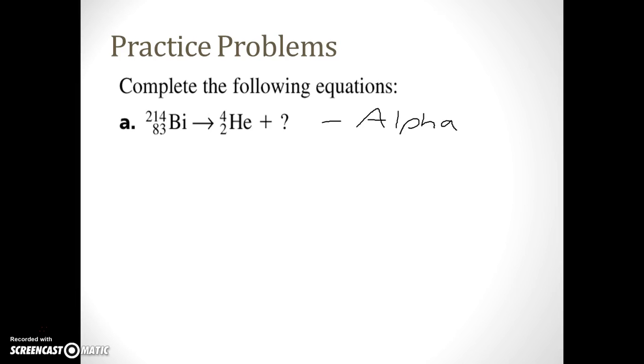As we look at the bottom numbers, remember that these equations are separated by the arrow. It's sort of like your equal sign in math. It shows you which side is the left side of the equation and which side is the right. So the left side has to equal the right side. On the left side, we have an atomic number of 83, so that is what we're going to have to equal on the right side.